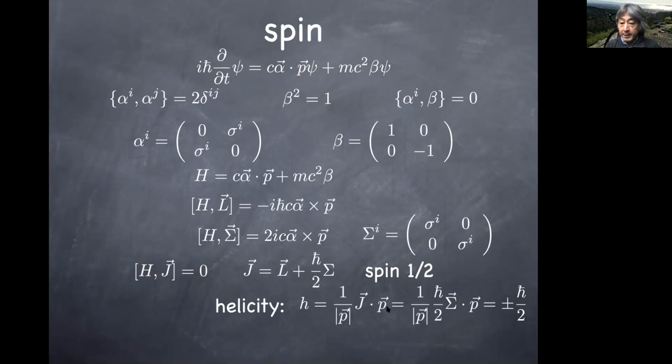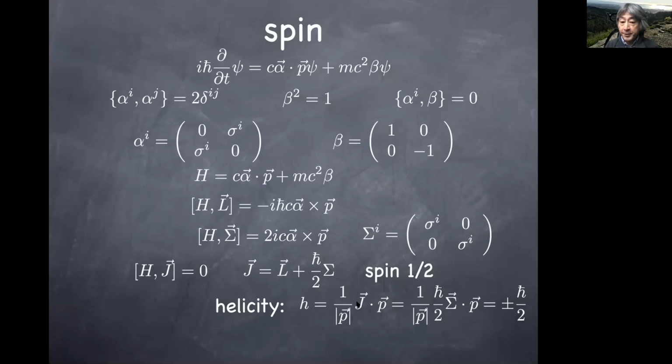So this J dot P is selecting out the component of J, total angular momentum, along the direction of the momentum, divided by the magnitude of the momentum. So this is really the projection of angular momentum along the momentum axis. And the reason why this is very useful is that when you look at the dot product of angular momentum and momentum vector, we know the orbital angular momentum is x cross p, which means the x cross p is always orthogonal to the direction of the momentum.